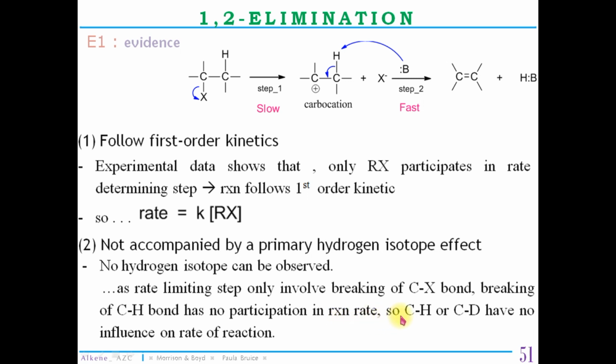So a carbon hydrogen or carbon deuterium bond has no influence on the rate of reaction. So the E1 reaction is not accompanied by a primary hydrogen isotope effect. We have seen this effect in detail in the E2 mechanism.